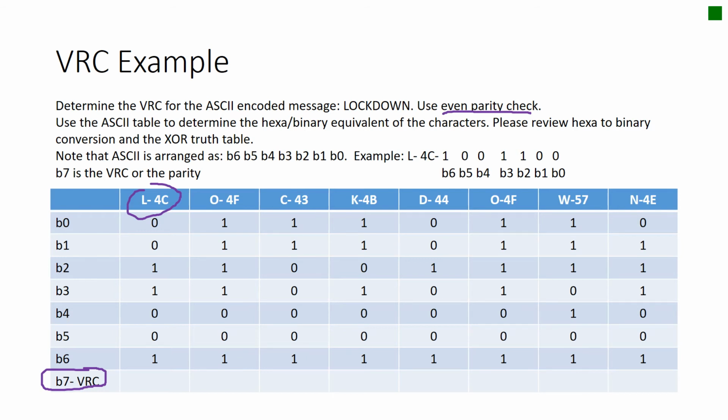Okay, for character L, if we're going to count the number of ones, 1, 2, 3. So for the total number of ones to be even numbered, the parity or the VRC should be 1.